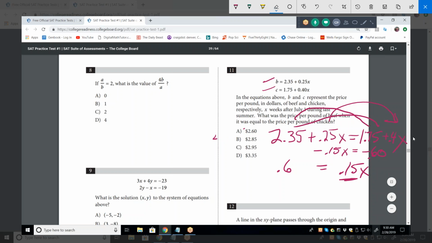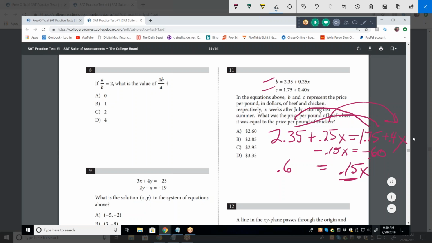But in general, I suggest you use that rule. It doesn't matter if the variable ends up being on the right side or the left side. So you are correct in that sense, that there is no right or wrong. But I do believe that if you keep your coefficients positive, you'll make fewer mistakes.